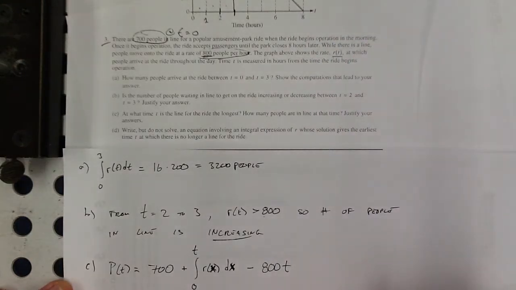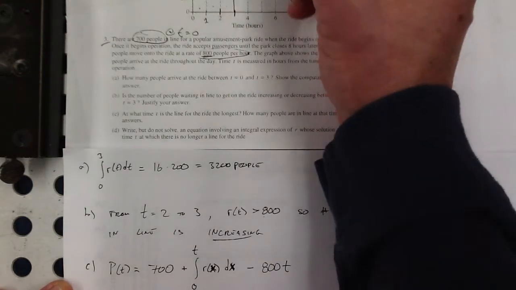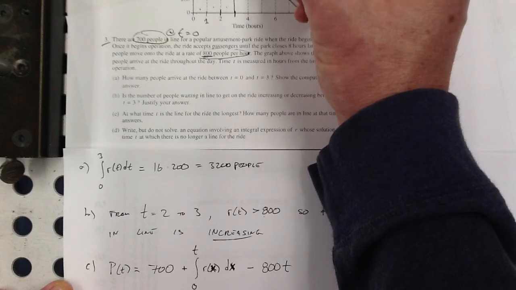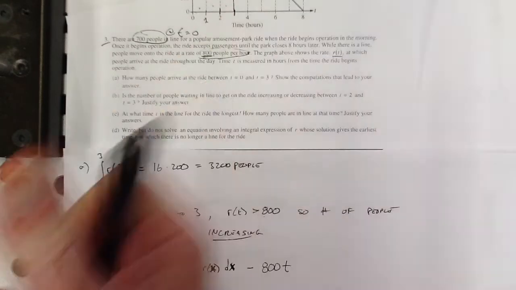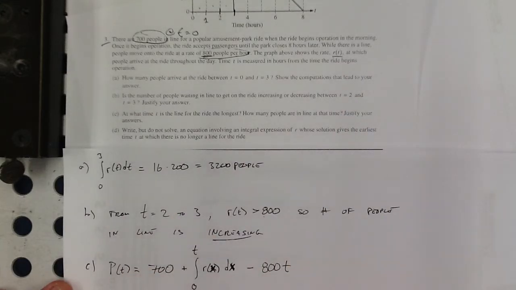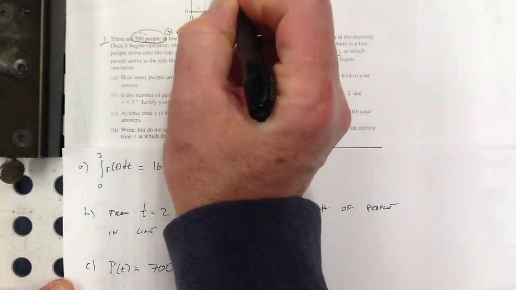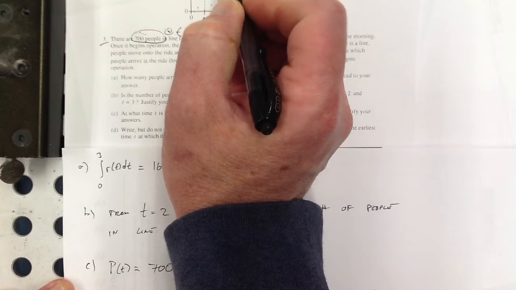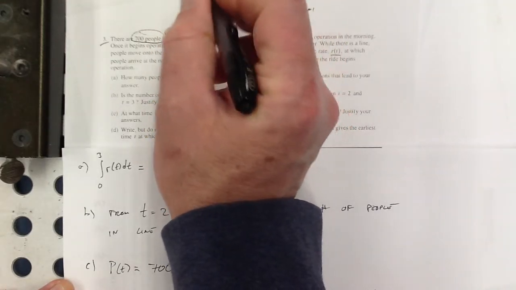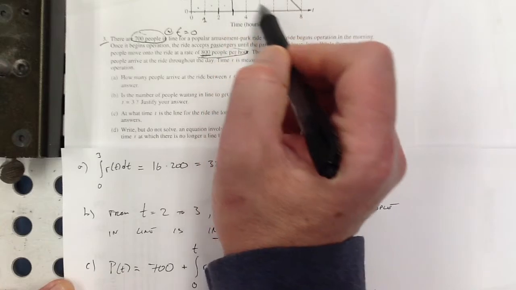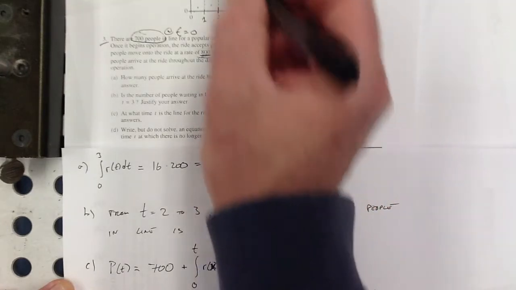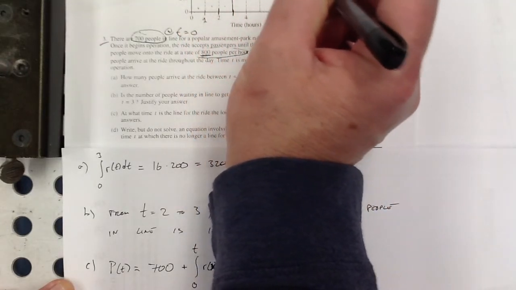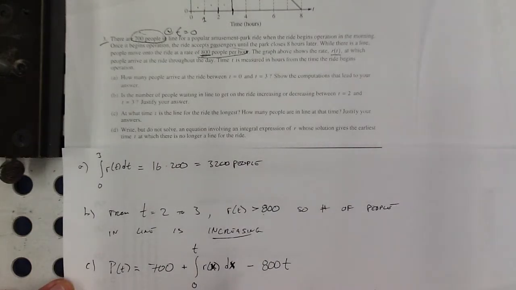And that should make sense because as soon as we pass that point where the rate of people coming in is lower than 800, they're still going out at 800 per hour, so the total number of people in the line is going to be going down. If the rate is more than 800, then the line's going to be getting longer because they're only coming out at a rate that's slower than this. And here, the rate that they're going out is now bigger. So that's the 800 line.